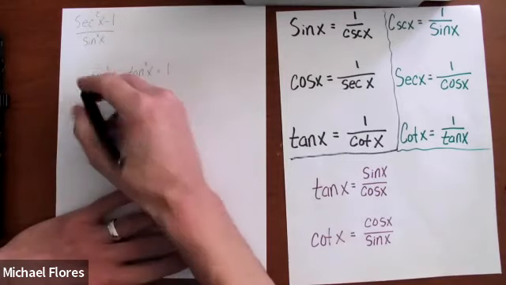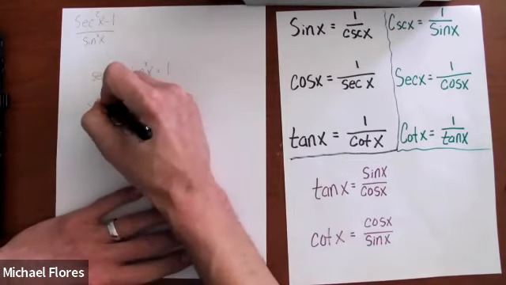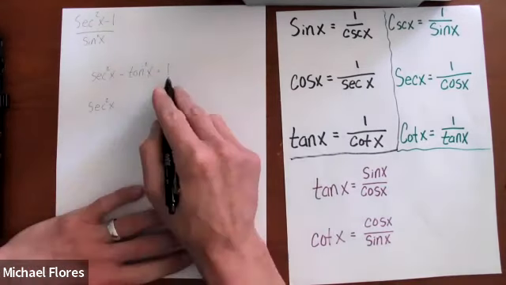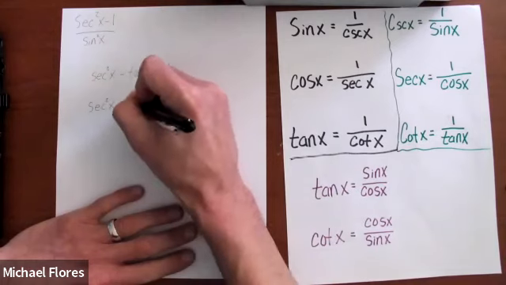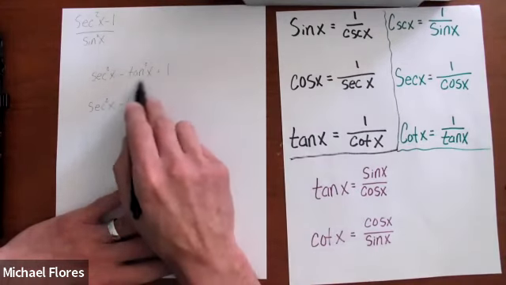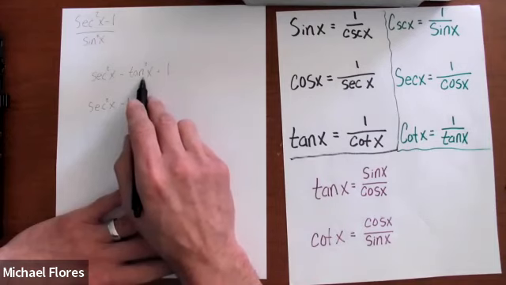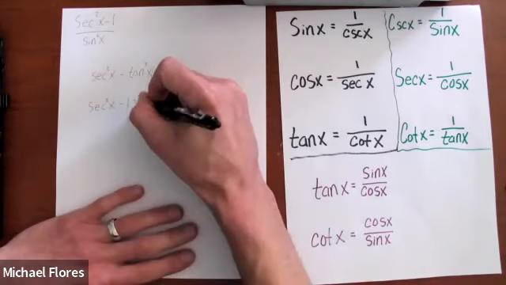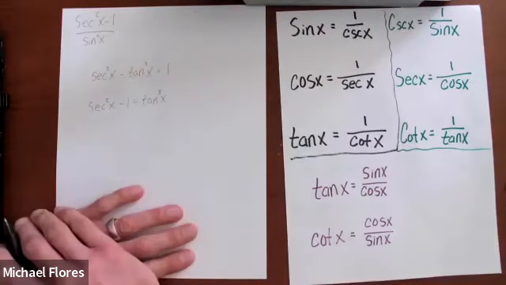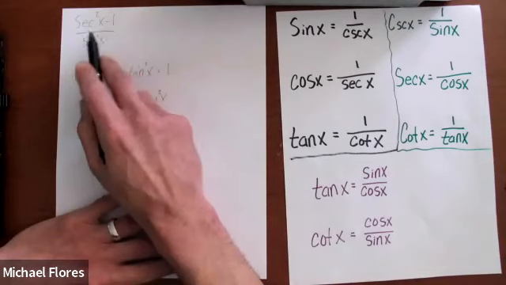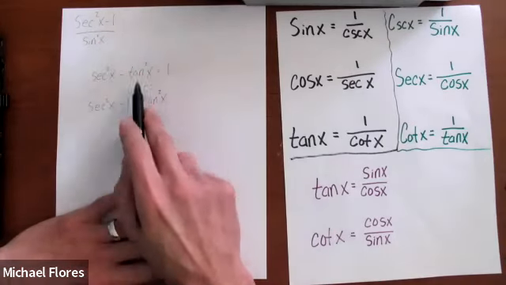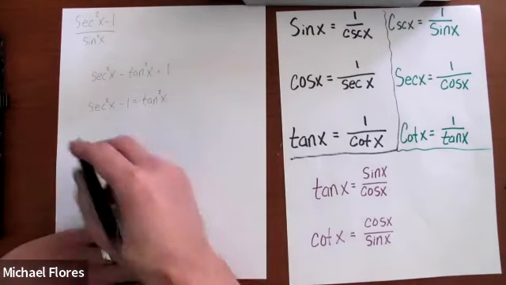I need a secant that is positive and a 1 that is negative. So I need to subtract that 1, bring it over here, and set that equal to, well, tangent of x needs to be out of the picture. So we would add that over to the other side of the equal sign. Now, this matches this. Therefore, that is equal to tangent squared of x. So we can use substitution.